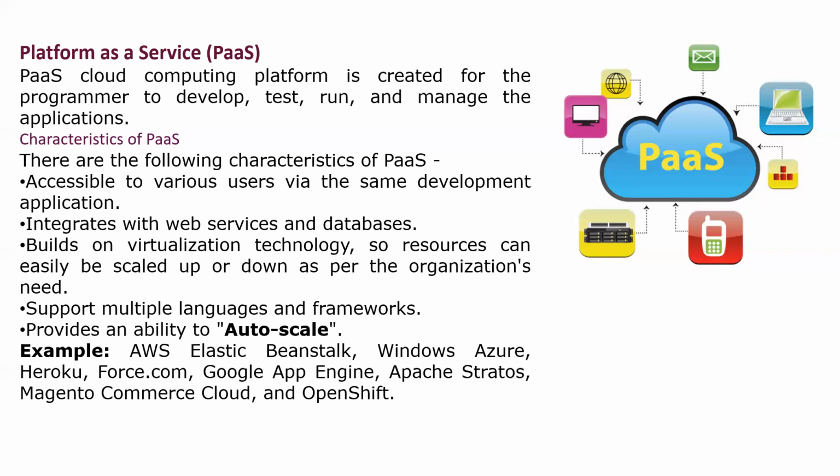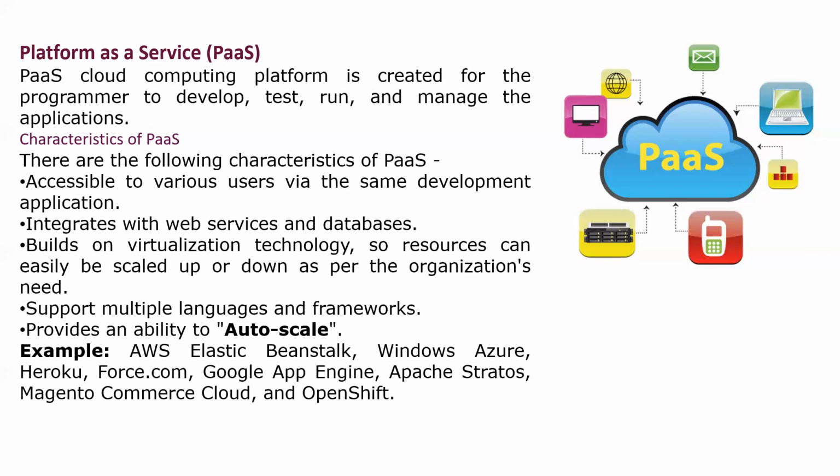It builds on virtual technology, so resources can be easily scaled up or scaled down as per the organization's need. Sometimes we require fewer resources and need not buy big things. So scaling down, availing only that much of the services, can be done. This flexibility is available there.